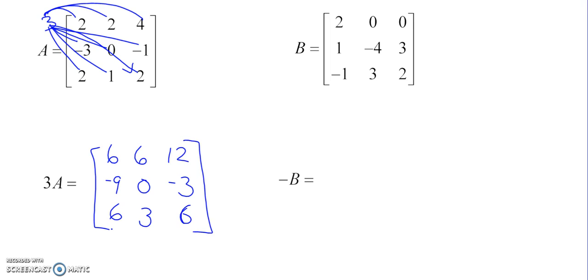All I did is take every single entry and multiply it by 3. If I was going to do negative B the same way, let's take -1 and multiply everything in there by -1. So my answer would look something like this.